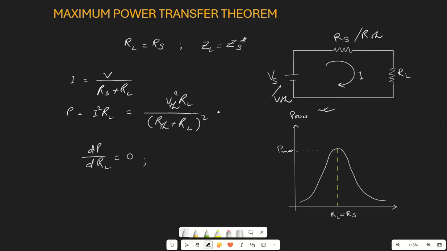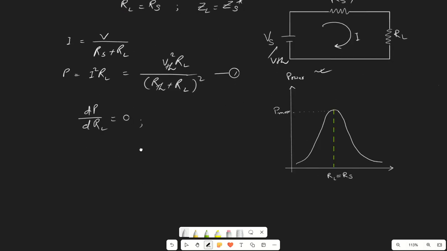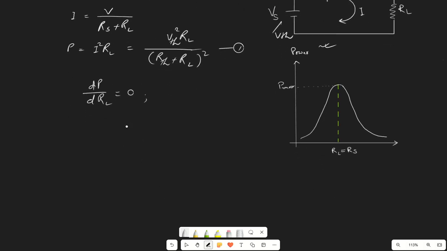So if we put the value of P in this equation, we have d/dRL of VTH square RL divided by RS plus RL whole square. This is in the format of U by V, so d/dx of U by V format.